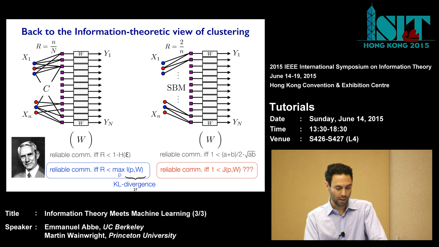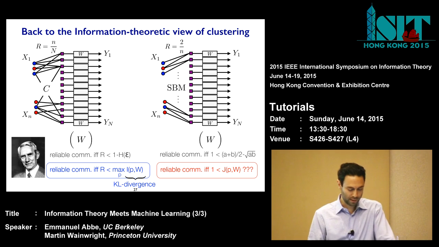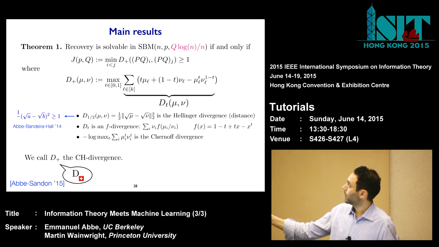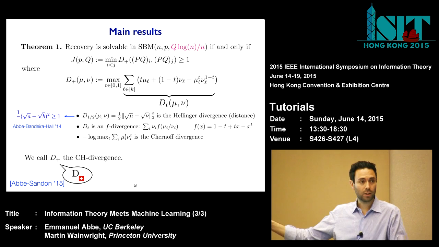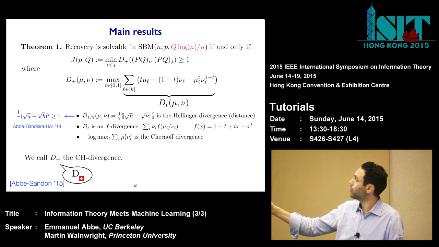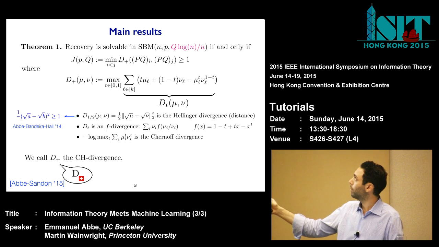And here is the result we obtained with Colin Sandon, who's my student in Princeton. So recovery is solvable in the general SBM with prior P on the communities. And again, like in the case of symmetric communities, we're going to look at the bottleneck scaling, where you multiply the connectivity matrix Q, which is symmetric positive, by log n over n.